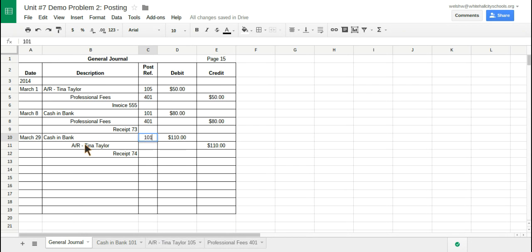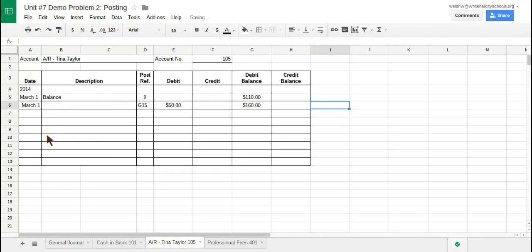That's done. Now we do accounts receivable, has a credit of 110 now. Alright, so this is going to change it up a little bit. So we go to our accounts receivable on March 29, 2014. This is from G15. This was a credit of 110. Alright, so now we have a debit balance and a credit transaction, so we would subtract.